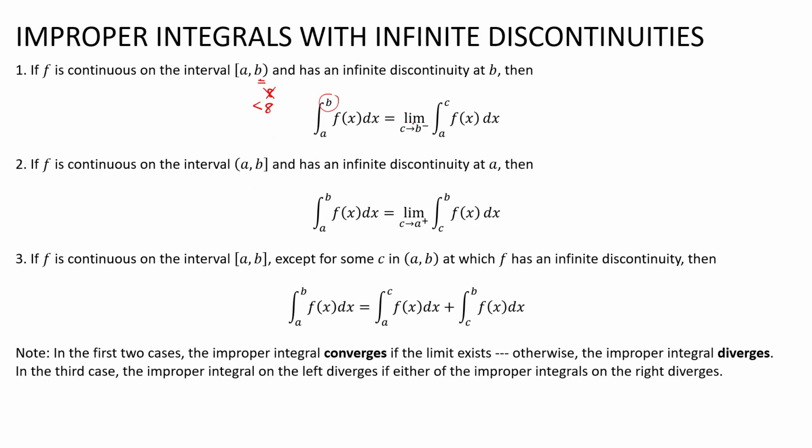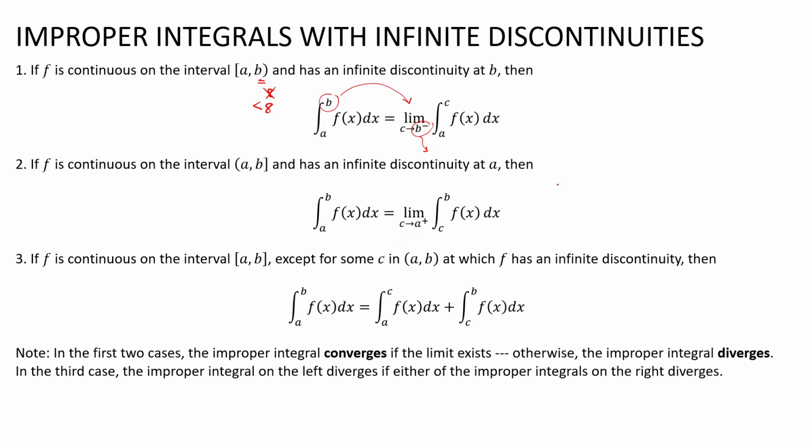So if you try to observe the discontinuous limit taken out in the integral equation, notice that the limit of c approaches b minus. This b minus indicates that all the range from that particular number on the left side of it is included in the limit, excluding b.